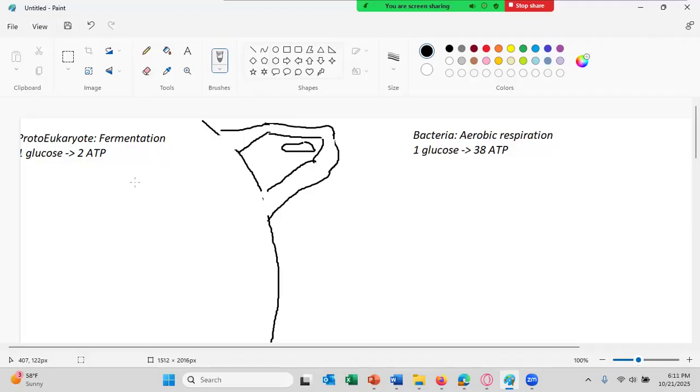And then the bacteria was brought inside the cell, which it actually is inside the cell now.